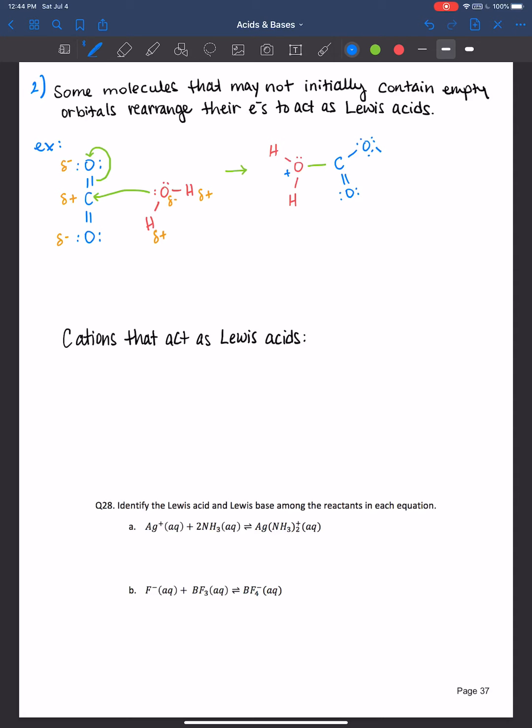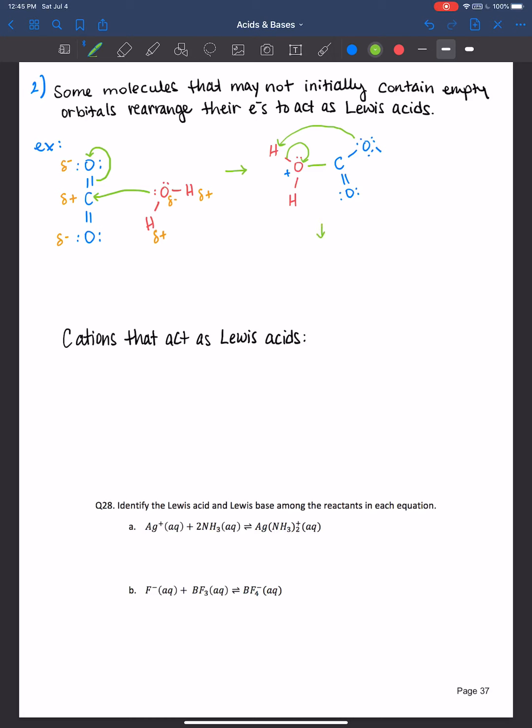But then these molecules can rearrange intramolecularly. So what's going to happen is this oxygen here is like, hey, I see you have a proton, and I want to minimize my formal charge. So it grabs that proton, these electrons break, and then go from a shared pair of electrons to a lone pair of electrons.